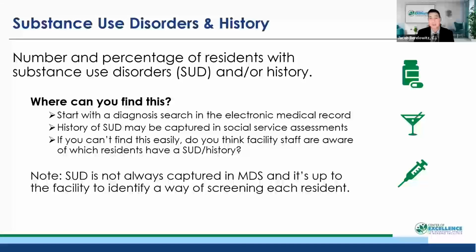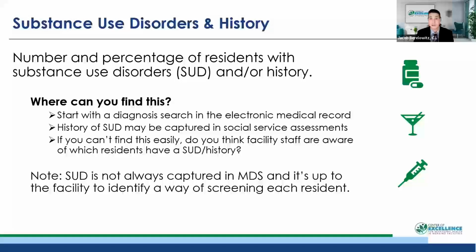and I encourage you to think about, as you're working through finding substance use disorders and history, if you're having trouble finding this information and tallying it up for your residents, think about how the other staff may or may not have visibility into which residents have special needs related to substance use disorders, right?